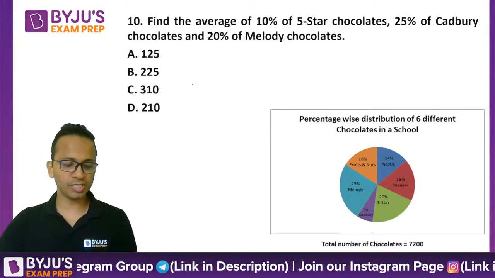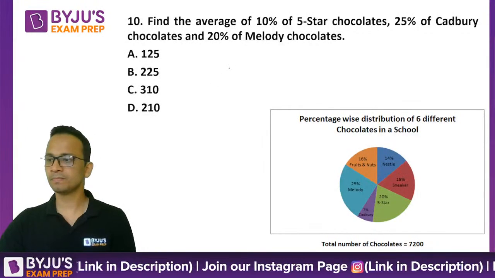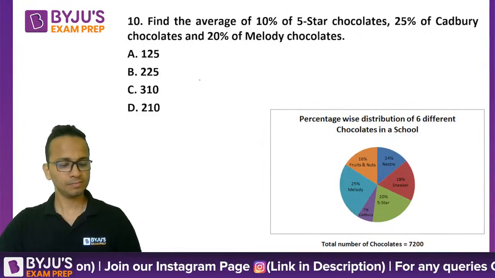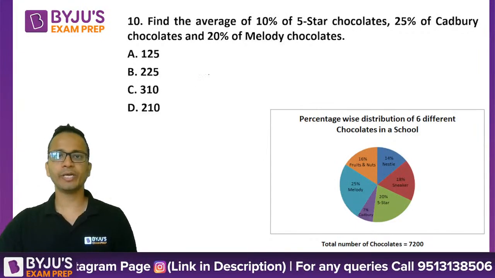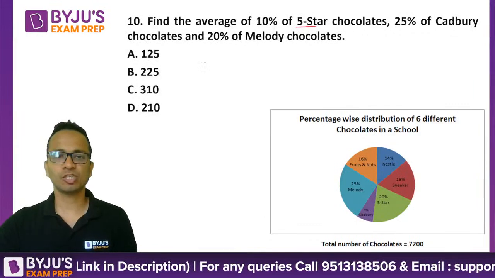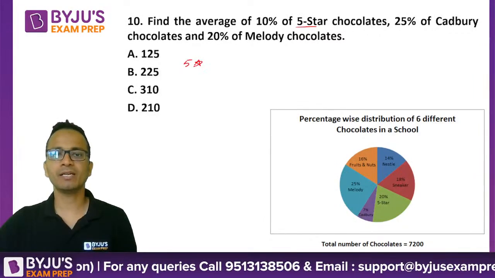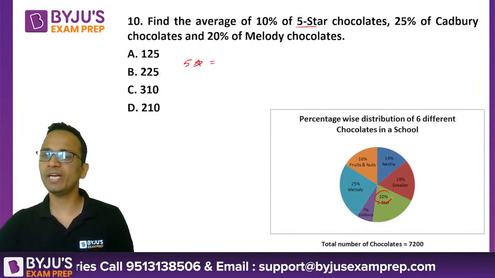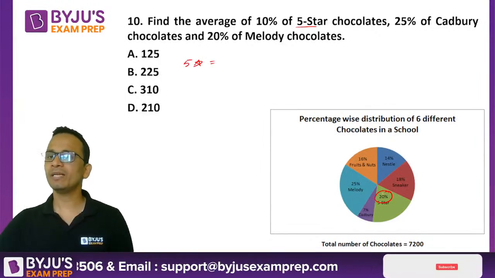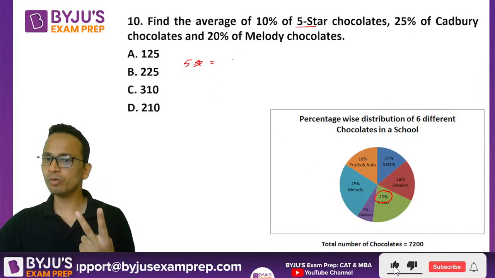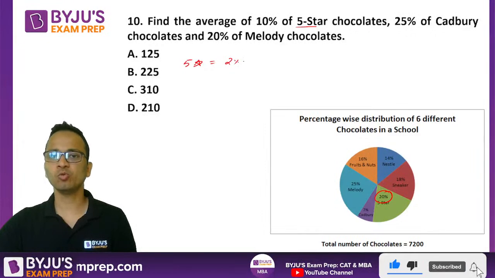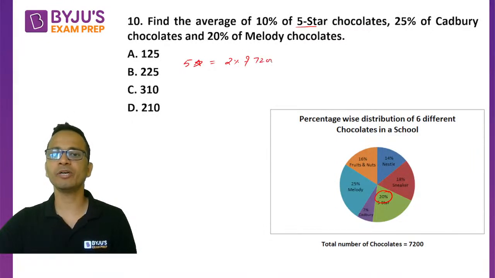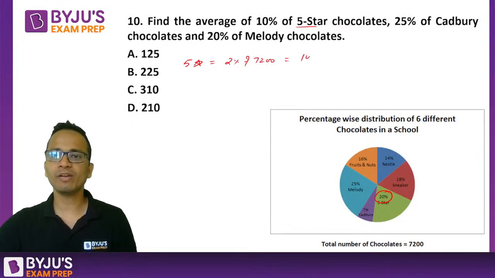All right, so option D says Sanskar. Okay, now 10% of 5-star chocolates. So 5-star number calculate करते हैं. 5-star total is 20%. 20% का 10% होगा 2%. So 2% of 7200 will be equal to 144.